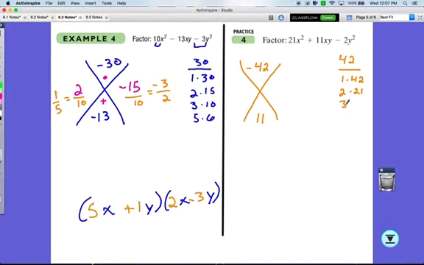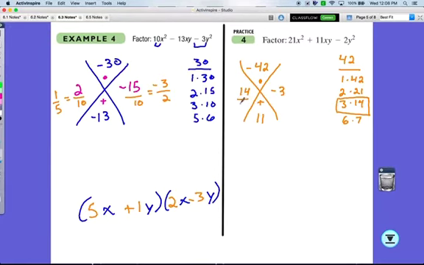Let's see, 3 will go into there 14 times. 4 won't go into it, 5 won't go into it, and 6 will go into it 7 times. And so here's my option here, 3 and 14. I need to get a positive 11, so I'm going to say 14 minus 3. It multiplies to give me the negative 42, adds together to give me the 11.